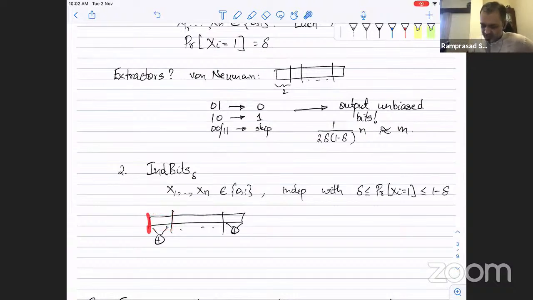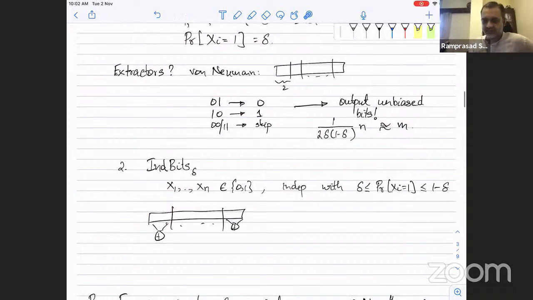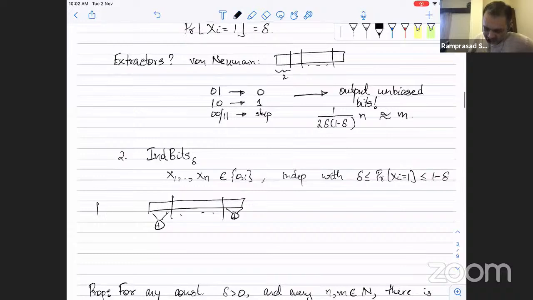You can imagine that the block size is going to be some constant which is a function of delta. So the extractor is basically just parity on each of these blocks.